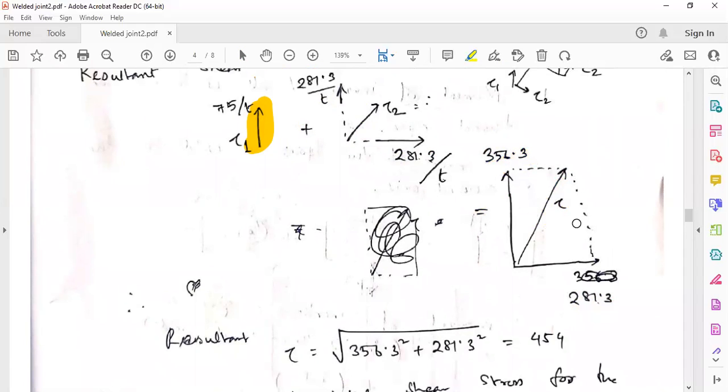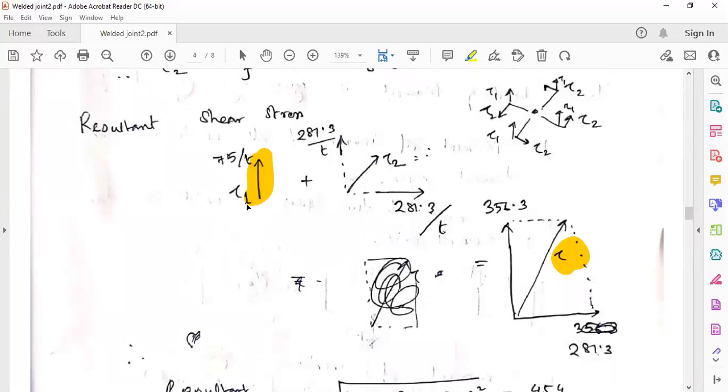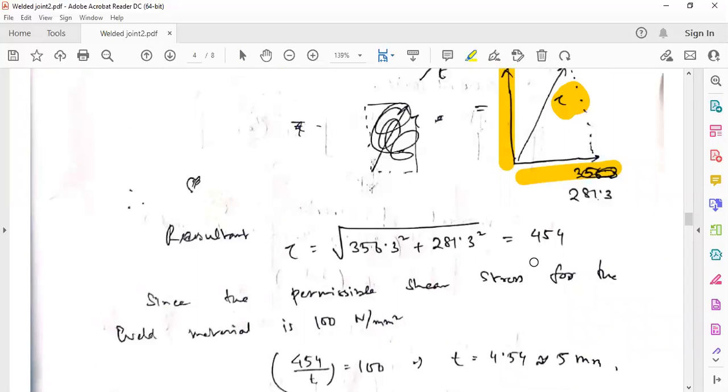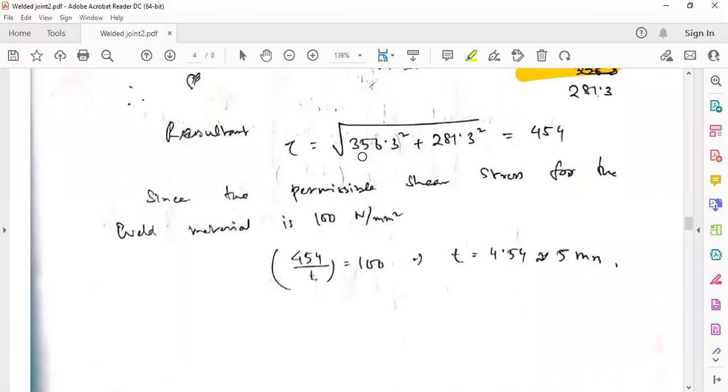Since this is the total, we can find the resultant tau now. What we just did is we added tau 1 and tau 2 to get tau total. Now we have a horizontal component and a vertical component. Just square and add them. Both of them have divided by t; it was missed, I'm sorry for that.